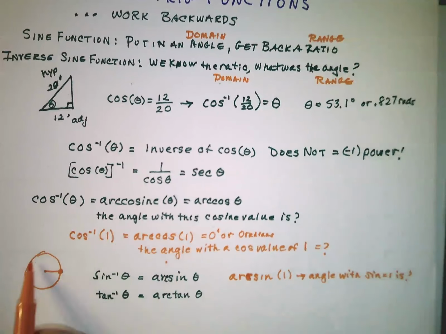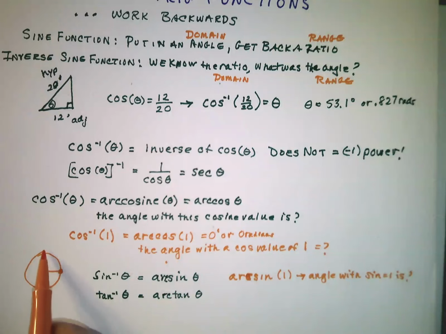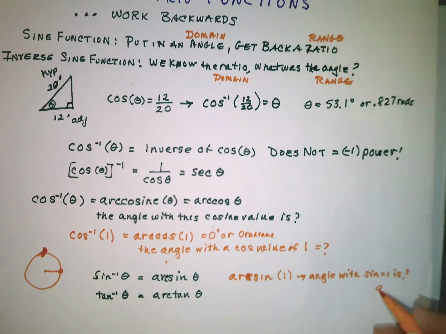Well, I'm hoping you know around the circle here. Sine is the y divided by the radius. So the y value is going to be the same as the radius right up here. That would be 90 degrees or pi over 2.